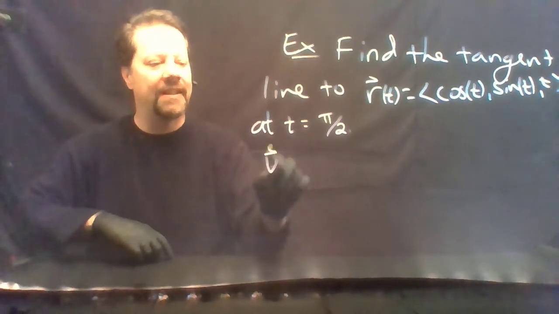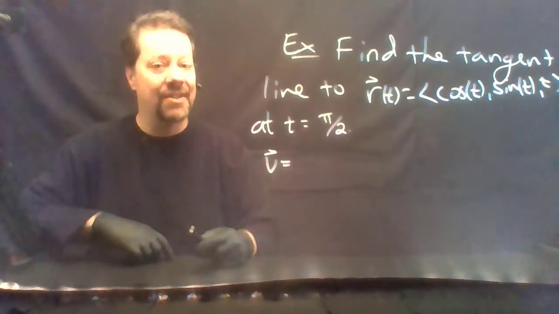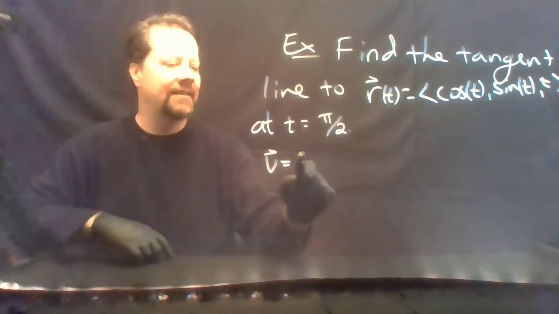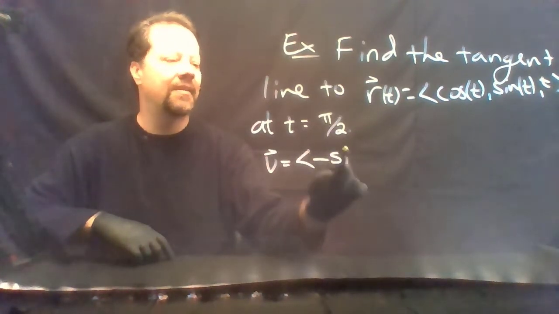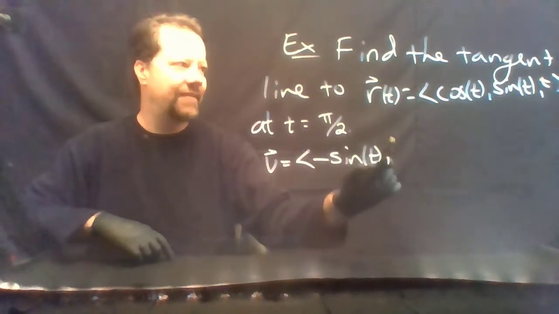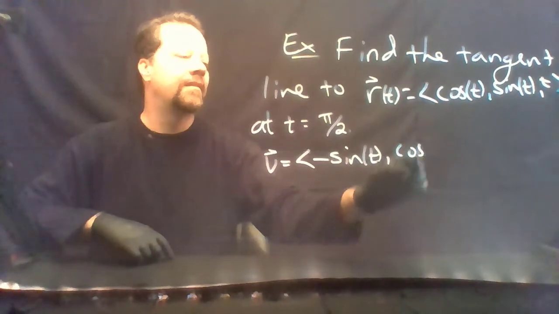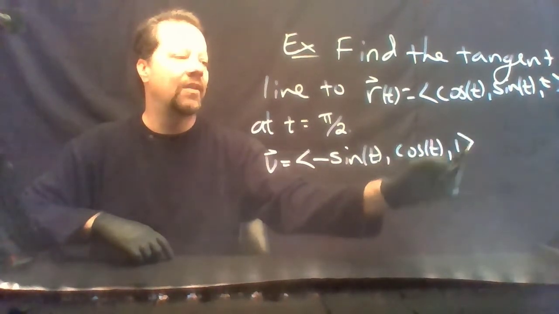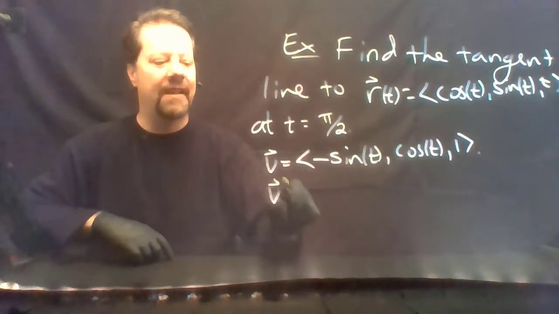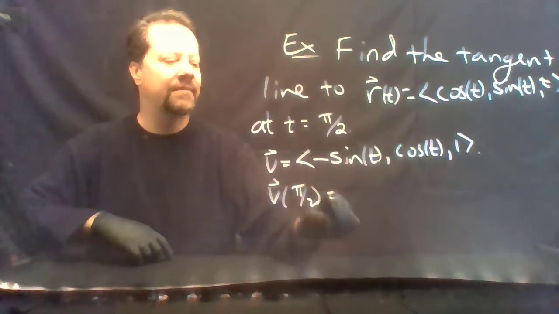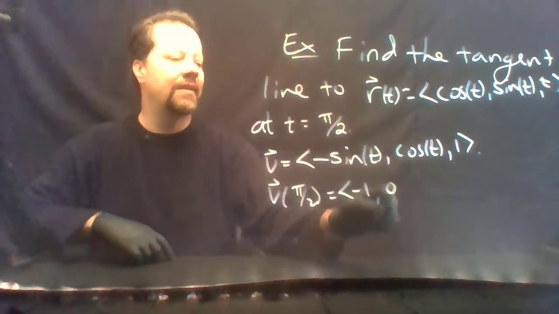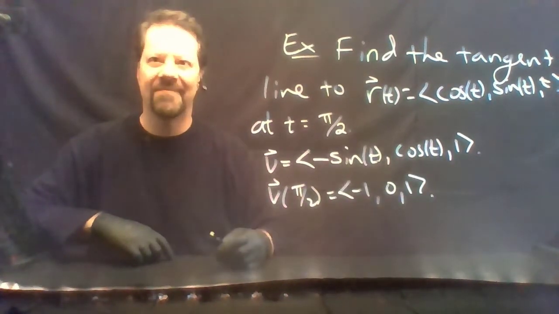To do this, we'll find the velocity vector, which is tangent to the curve. That's going to be minus sine of t, cosine of t, 1. If we evaluate that at pi over 2, we'll get minus 1, 0, 1.